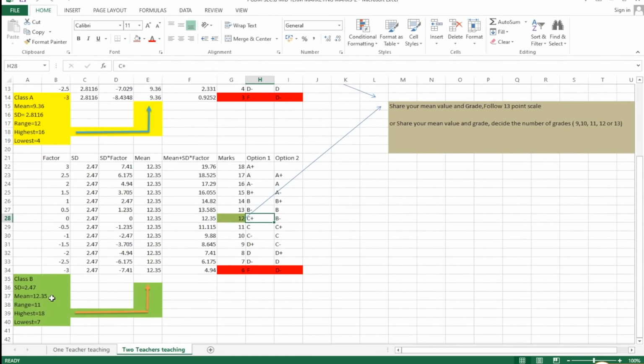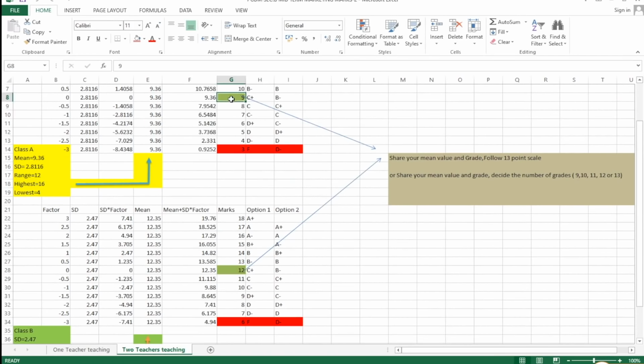Right. So here the mean is 12.35, so we have taken it as 12. Here the mean is 9.36, so we have taken it as 9. So now these two classes are at an equal level, wherein one teacher has been lenient and the other teacher has been strict.